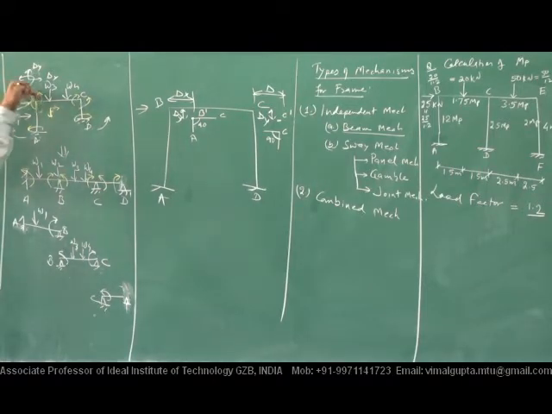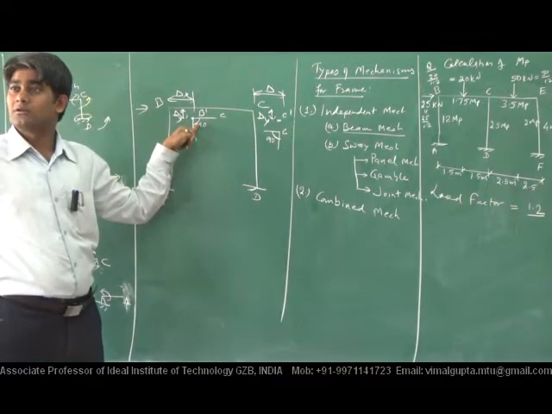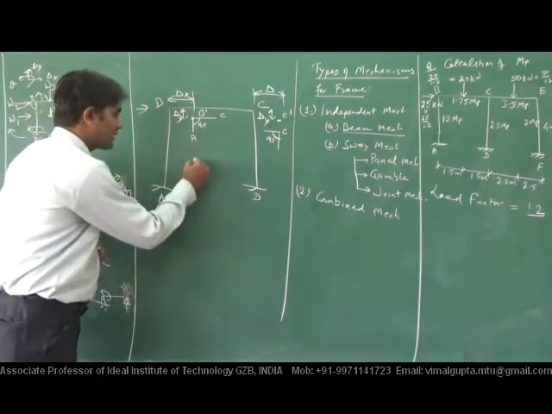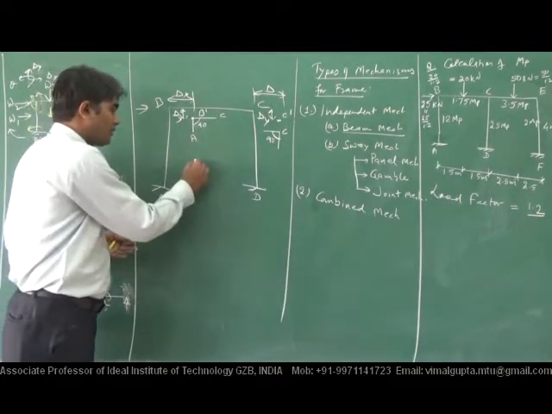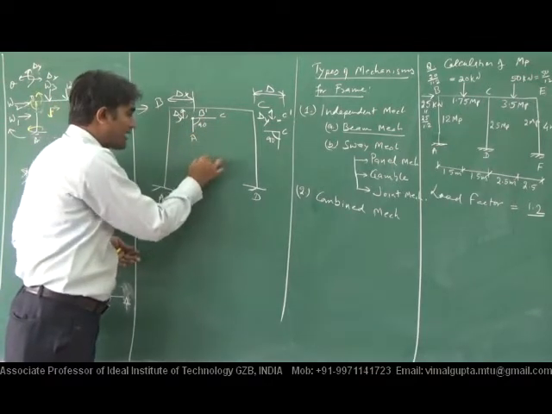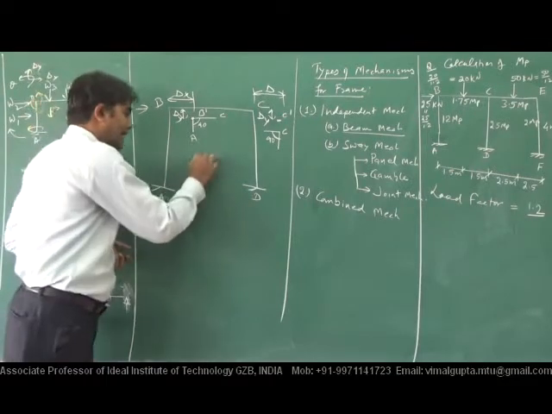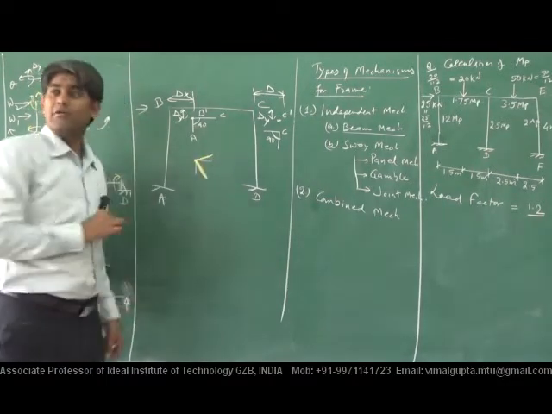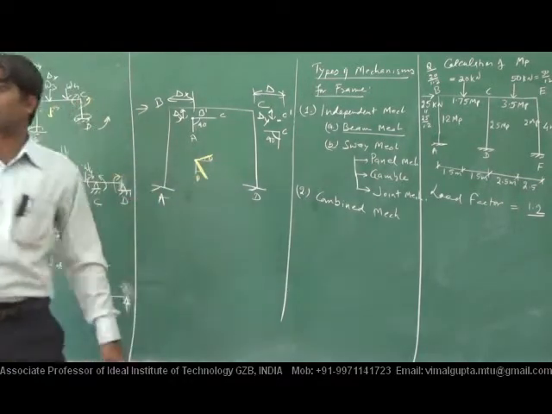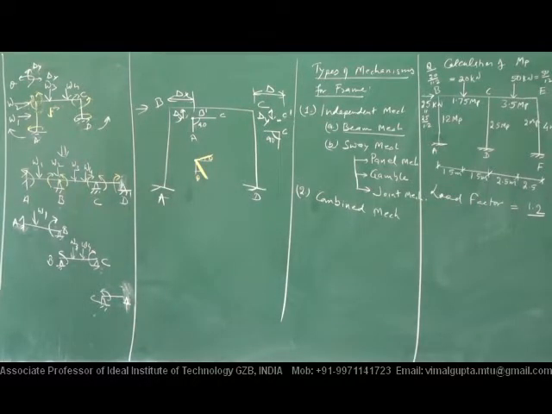One more degree of freedom it has, that is rotational, theta. Therefore, joint B, which has been displaced to B dash, can also be rotated from its original position, by this value theta.